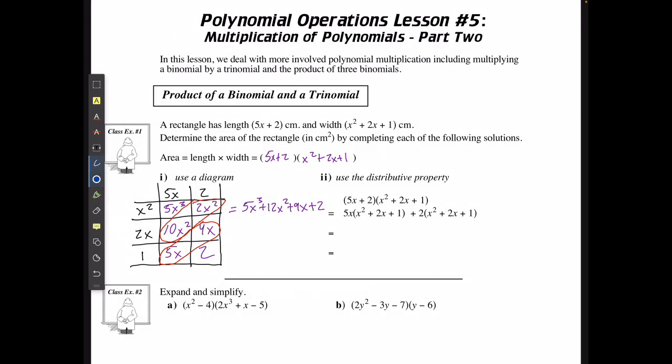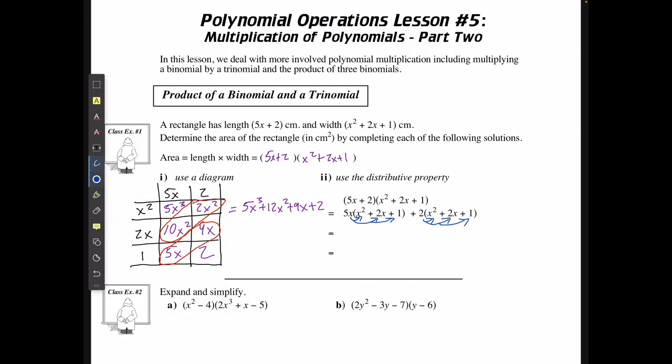If I'm using the distributive property, I'm saying that I'm going to multiply the first term in the binomial by all the terms in the trinomial, and the second term by all the terms in the trinomial. They've already expanded it out for us in the first step. So I just need to make sure that I multiply out properly.